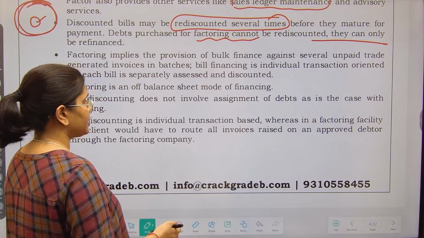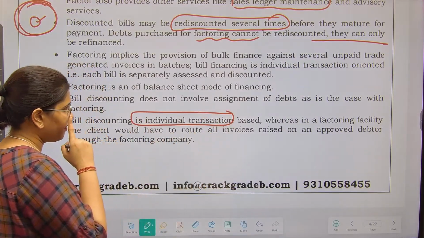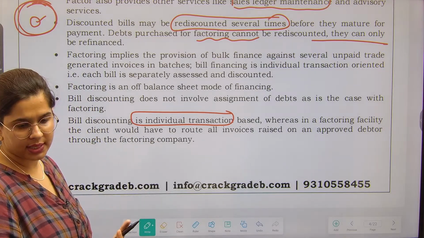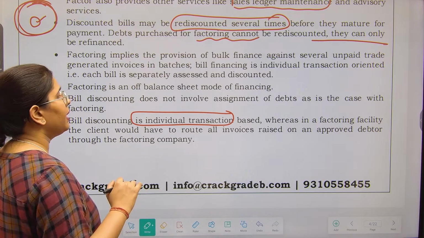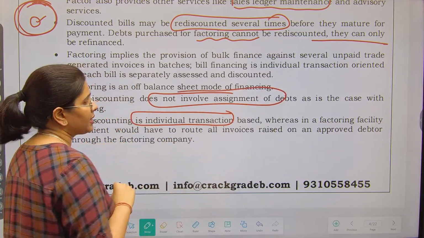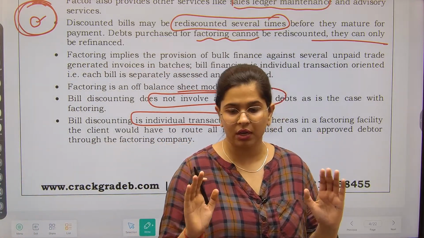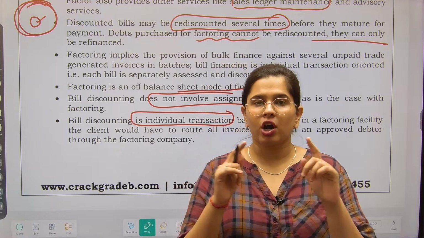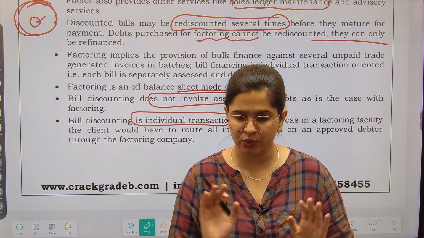Bill discounting is an individual transaction, I told you, whereas in the factoring facility, all invoices related to a debtor are provided to the factor. Bill discounting does not involve assignment of debts, right? Assignment of debts means the complete assignment of debt is not given to the bill discounter. They just talk about a single bill and the finance related to that. बस उतना ही.